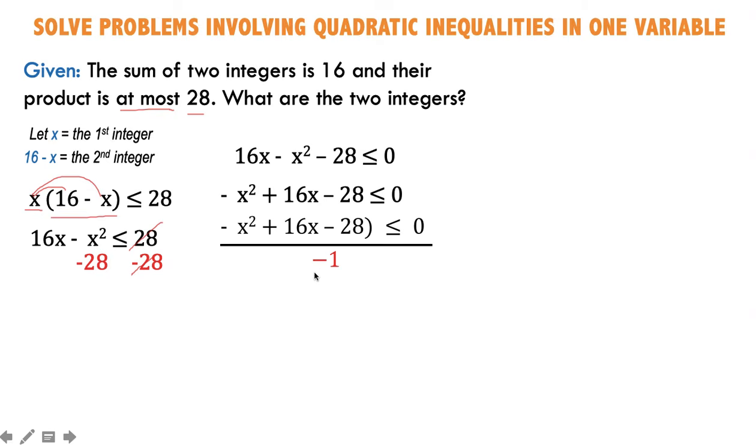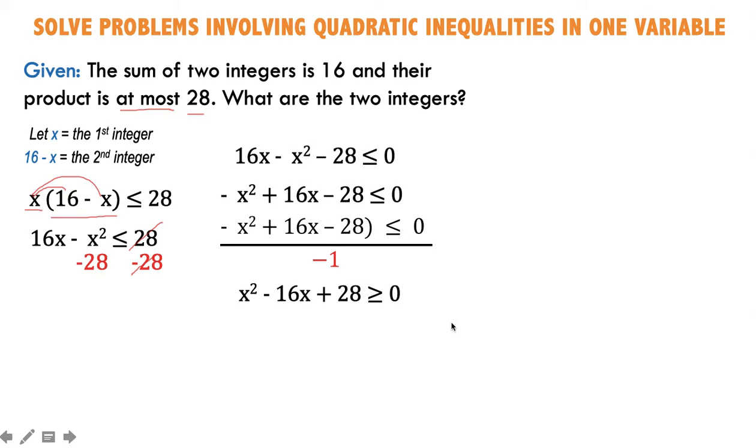Recall that when we divide an inequality by negative 1, the inequality sign gets reversed. So at most becomes at least. Negative x squared times negative 1 is positive x squared. Positive 16x times negative 1 is negative 16x. Negative 28 times negative 1 is 28. 0 times negative 1 is still 0.